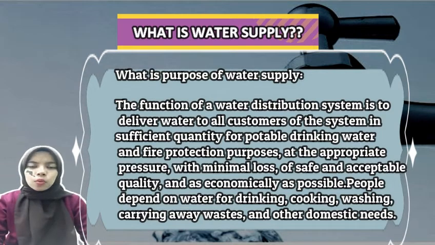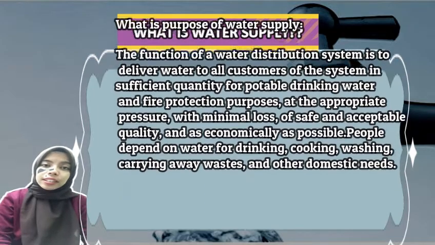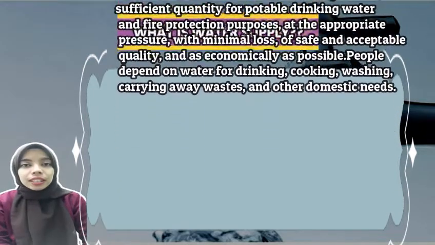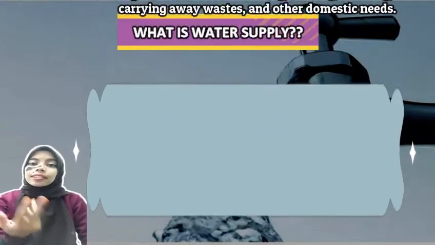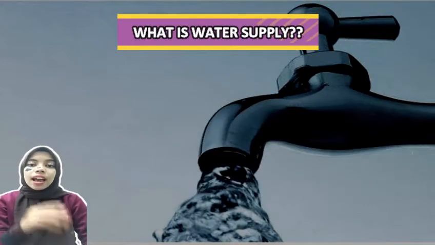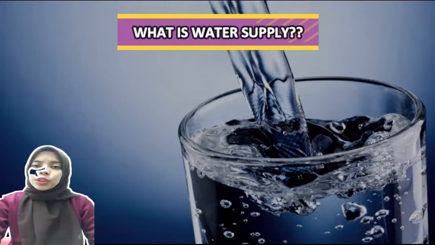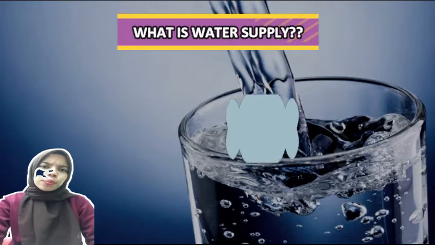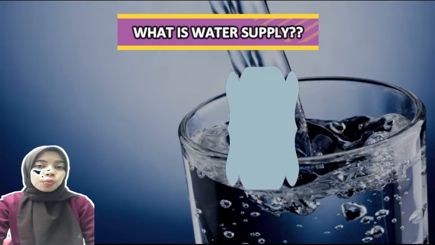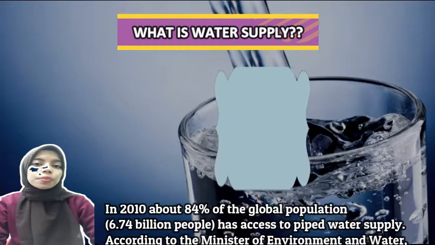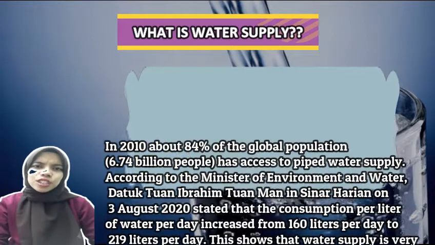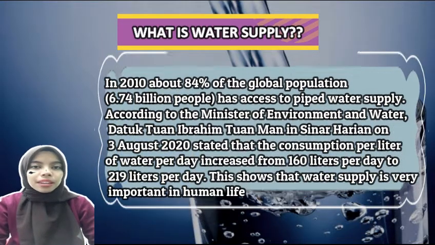People depend on water for drinking, cooking, washing, carrying away waste, and other domestic needs. In 2010, about 84% of the global population, 6.74 billion people, had access to piped water supply.